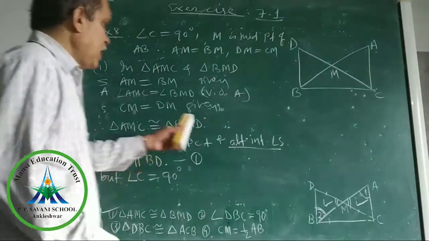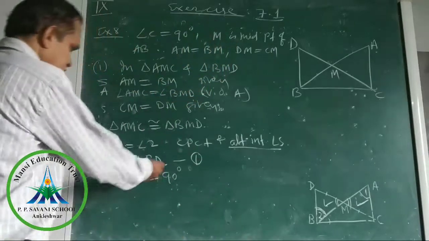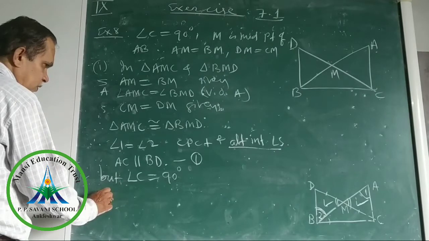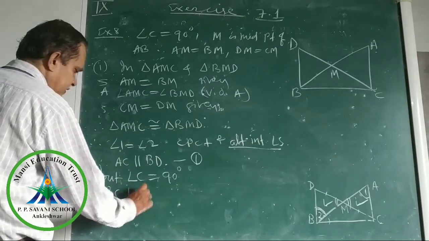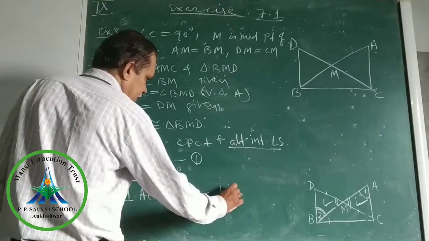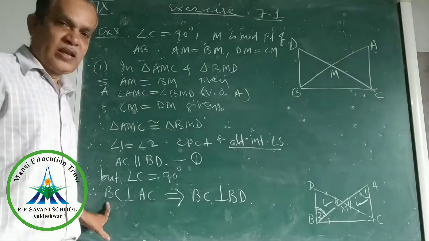Now look here, I am writing that rule. BC perpendicular to AC implies BC perpendicular to BD also, because BC is a transversal.